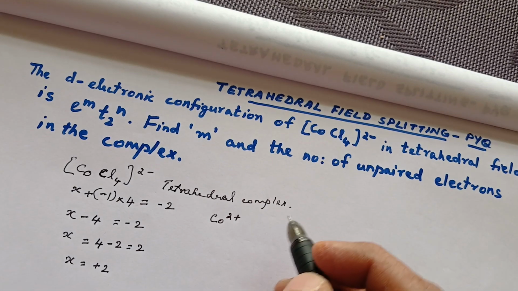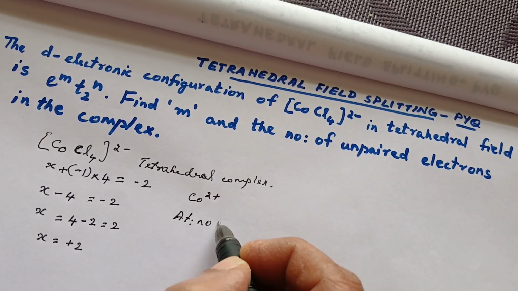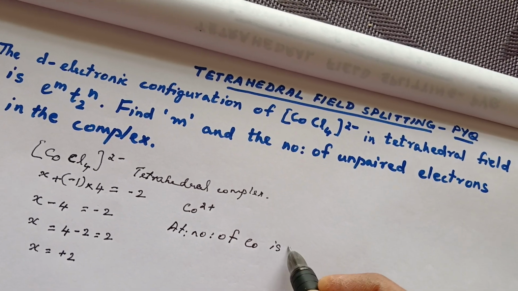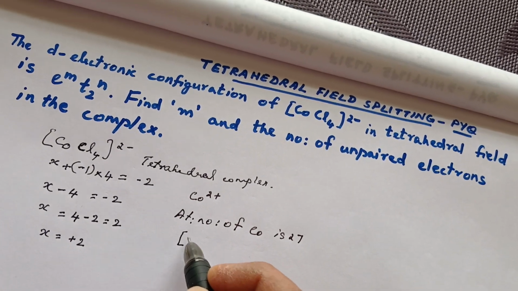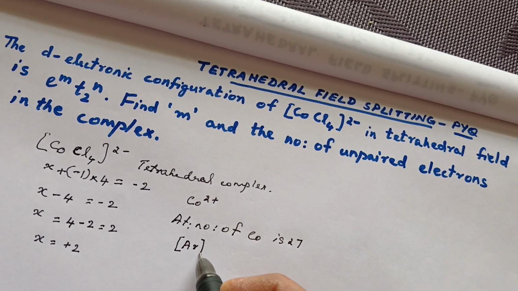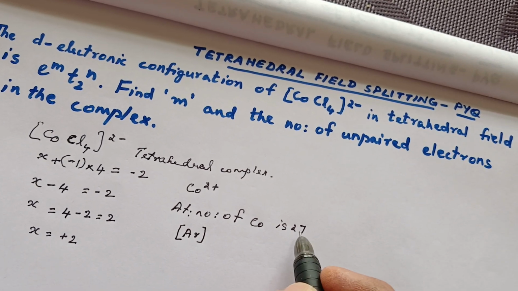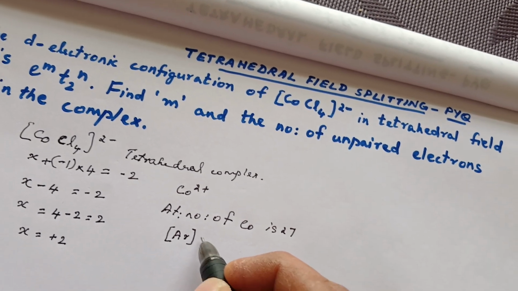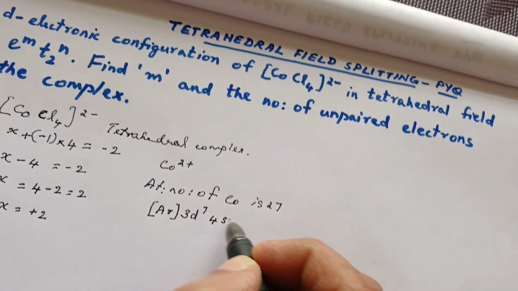We know the atomic number of cobalt is 27. If we write it in the short form, we can write it as argon, which has 18 electrons. 18 plus 9 is 27, so we have to accommodate 9 more electrons. So that is 3d7 4s2.